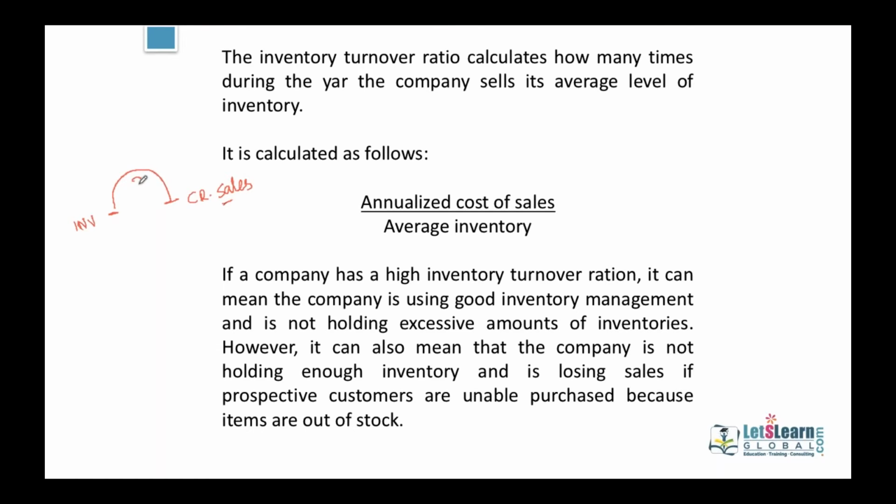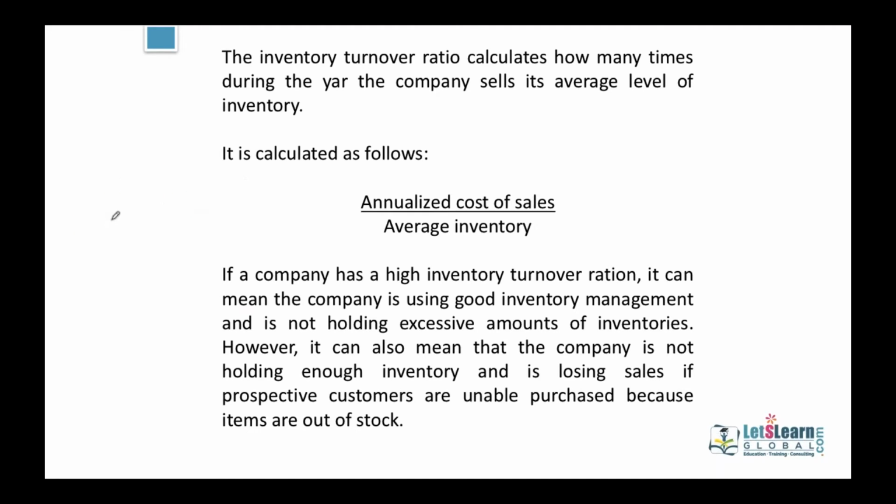How many days is it taking to convert this inventory into sales? More days, more loss. Why? Because you have to store this inventory in the warehouse. There may be accidents, there may be theft, the goods may become deteriorated, outdated, etc. We have to make this cycle faster and efficient to have them in credit sales.